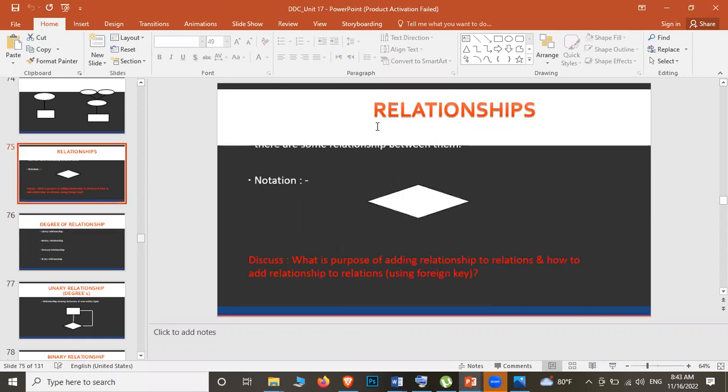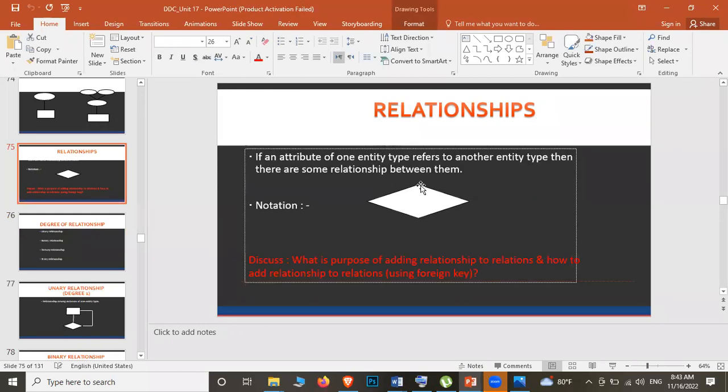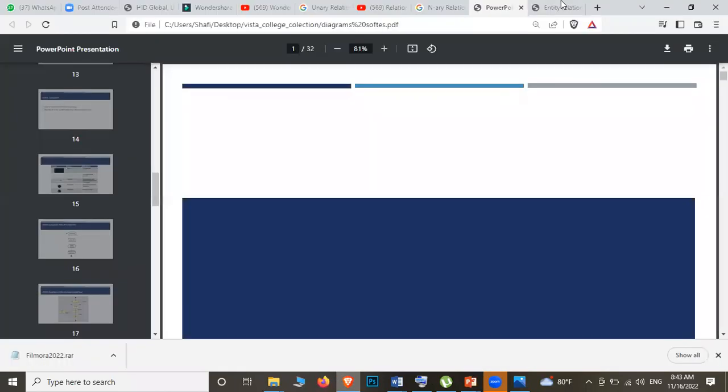You know that in order to represent a relation we use a diamond shape, isn't it? If an attribute of an entity type refers to another entity type, then there is some relationship between them. That is what we were discussing all through these presentations.